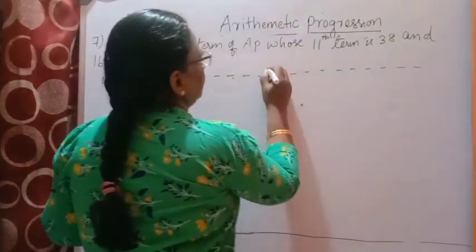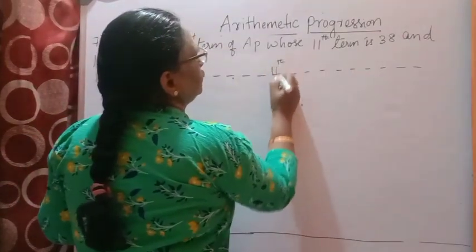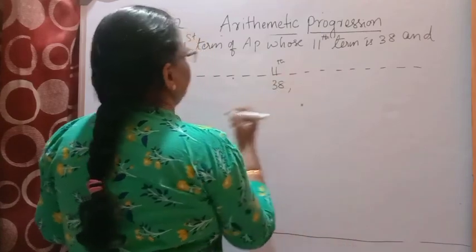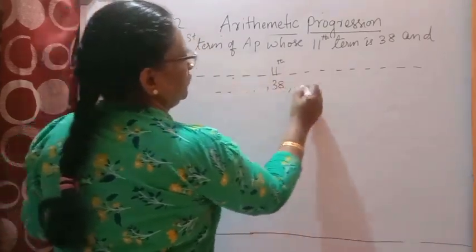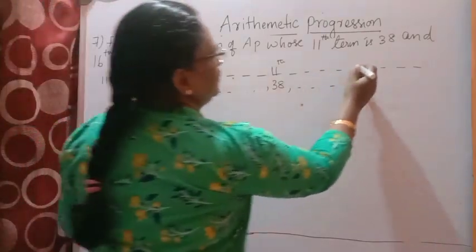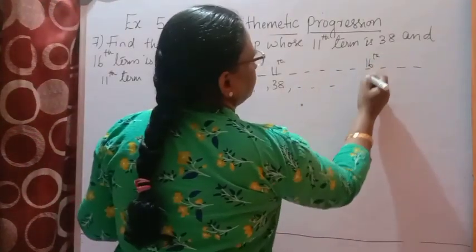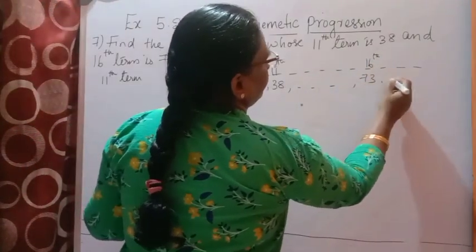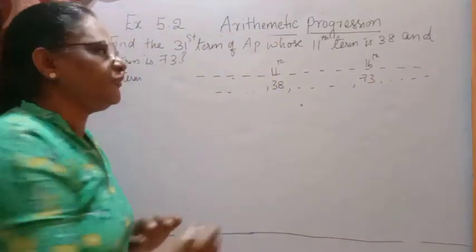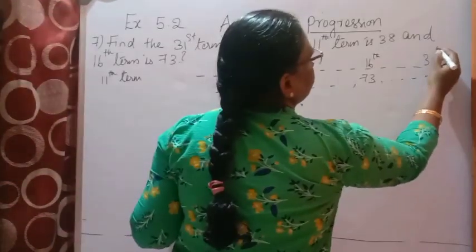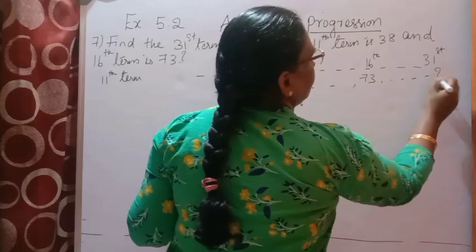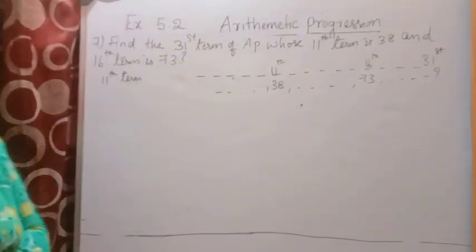Out of that, the 11th term, whose value is 38, you have so many numbers before and after. And the 16th term somewhere here, its value is 73. Okay, you have to find the 31st term.